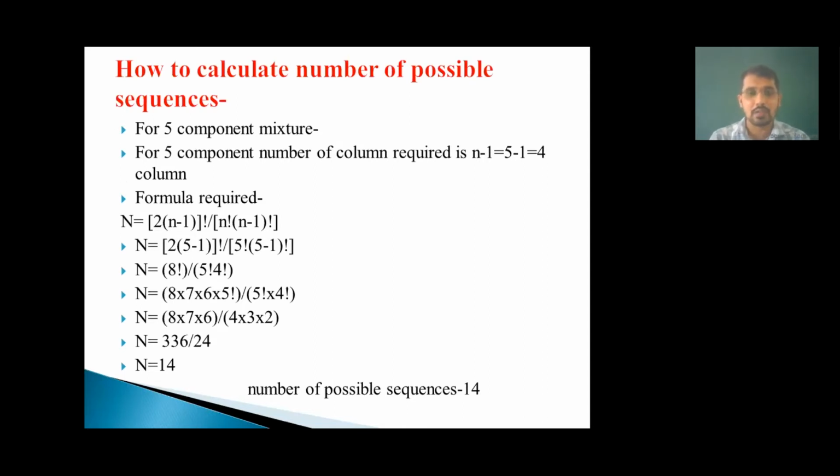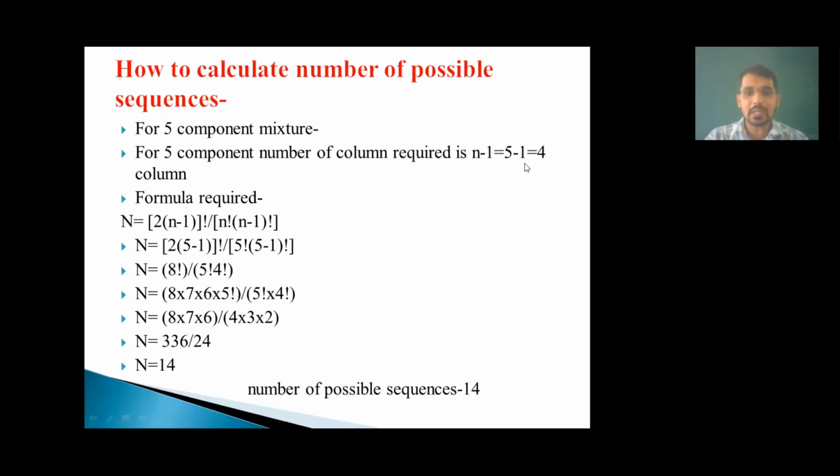In the previous lecture we saw the 4 component mixture. We will solve this numerical and then compare the answers for the 4 component and 5 component mixtures. For a 5 component mixture, the number of distillation columns required is n minus 1, which is 5 minus 1 equals 4.